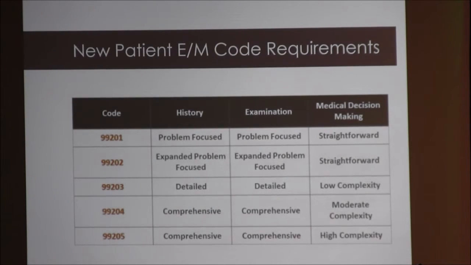So in general, this is the way that it goes. We want to be at 99205 all day, every day. So history, physical exam, and medical decision making need to be within that realm. First patient, all three have to be considered. Follow-up patients, two of the three have to be of high complexity and comprehensive.